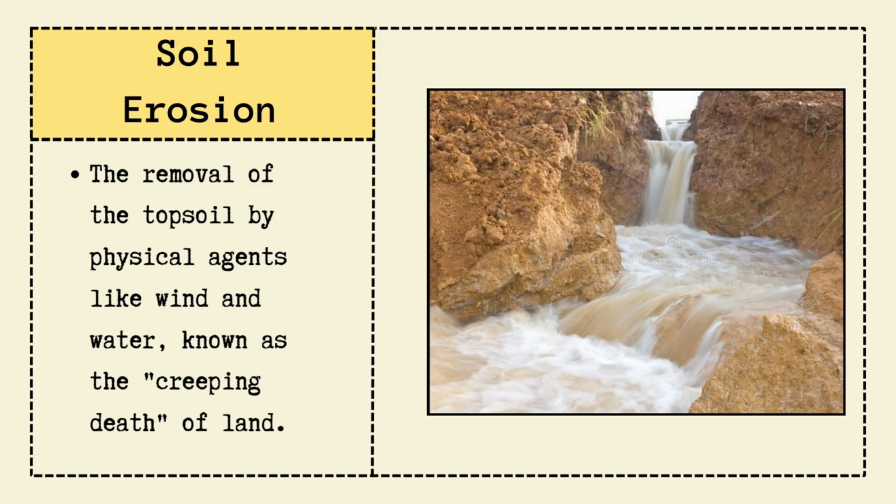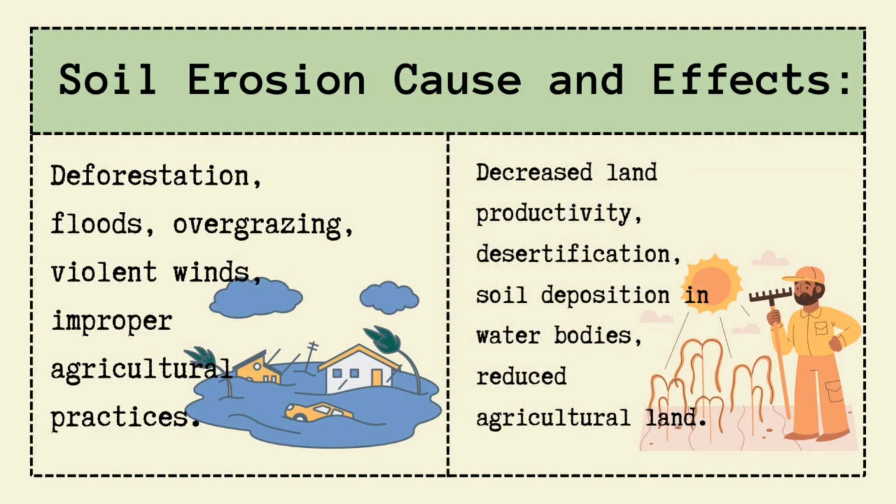Soil erosion is the removal of the topsoil by physical agents like wind and water, known as the creeping death of land. Soil erosion is caused by deforestation, flood, overgrazing, violent winds, and improper agricultural practices. It results in decreased land productivity, desertification, soil deposition in water bodies, and reduced agricultural land.